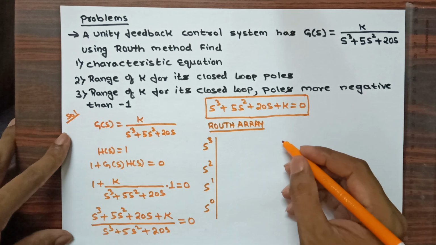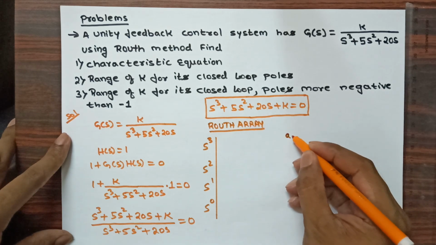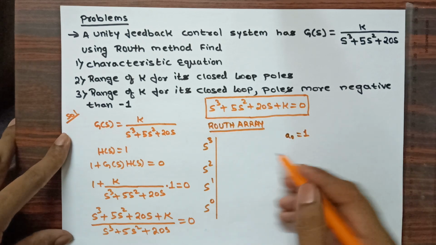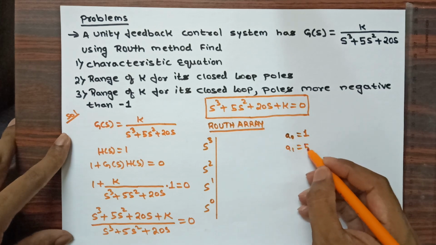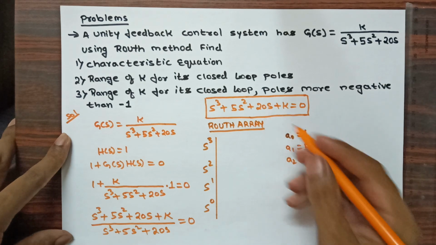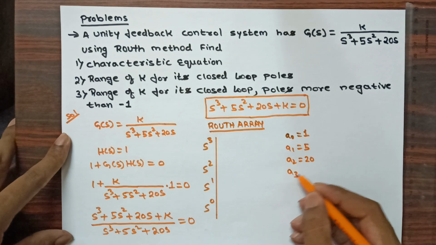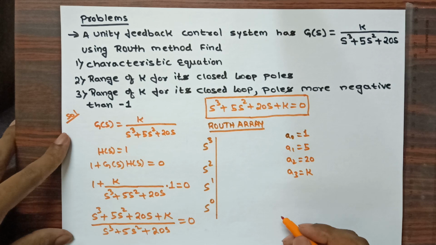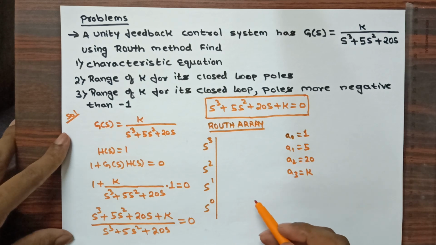Now two rows we can form directly from the characteristic equation. For that I need to consider the coefficient values: a0 is 1, a1 is 5, a2 is 20, and a3 is K. From these coefficients I am going to form the two rows.